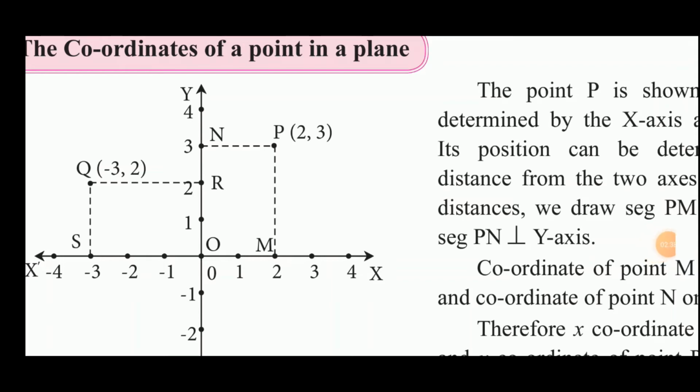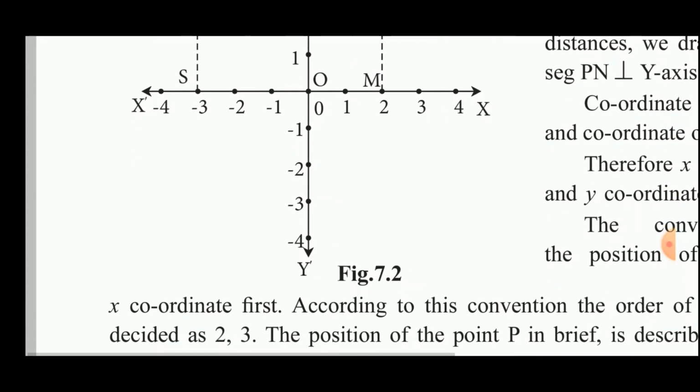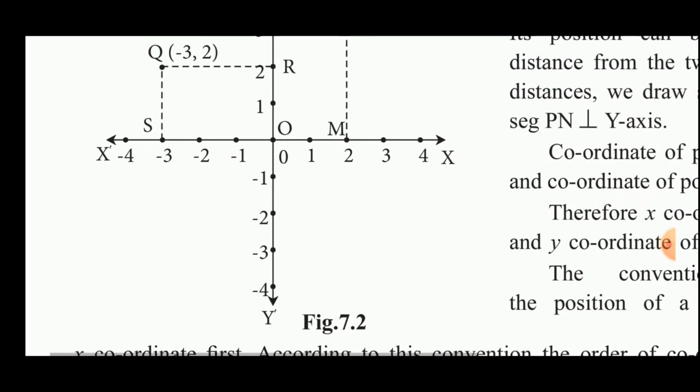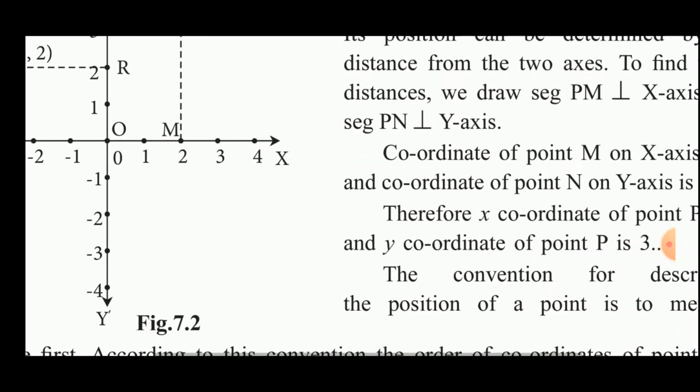Then the point Q lies in the second quadrant. So its x coordinate is, draw the perpendicular from the x-axis, it is -3. So the x coordinate is negative and the y coordinate is positive. Then similarly, any point you take in the third quadrant will have both the coordinates negative. And for the points in the fourth quadrant, the x coordinate will be positive and the y coordinate will be negative.